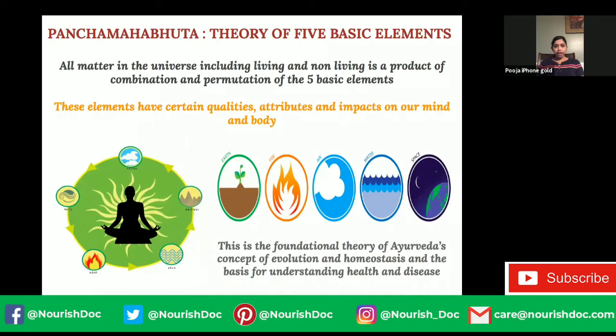Space cannot be confined. Space is everywhere. And all the matter, all the other four elements are actually within this space element. So space is expansiveness and space is omnipresence. And that is why the element of space explains mind, the concept of consciousness and mind in a very, very good manner.